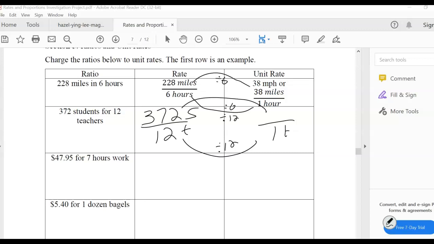Use your calculator. You can use your calculator on the test. What is 372 divided by 12? What did you get, Will? 31 S. So 31 students over 1 teacher.